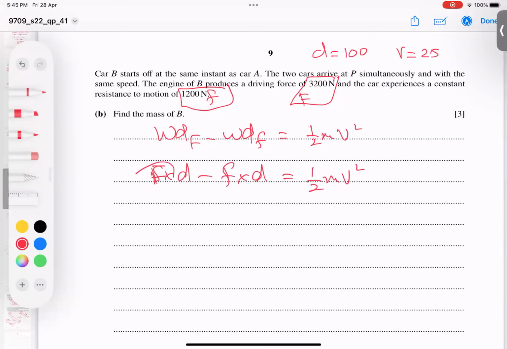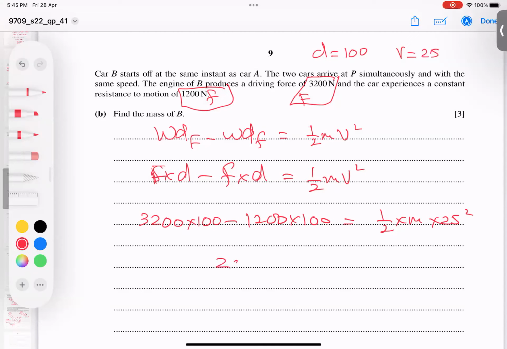The applied force given by him is 3200, and the distance is 100 meters, as he said, and the friction force is 1200, again over 100 meters, and the mass is unknown, and the velocity is 25 squared. So let me type 3200 times 100, minus 1200 times 100.